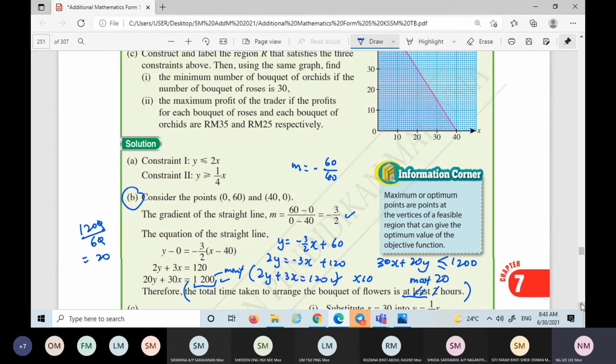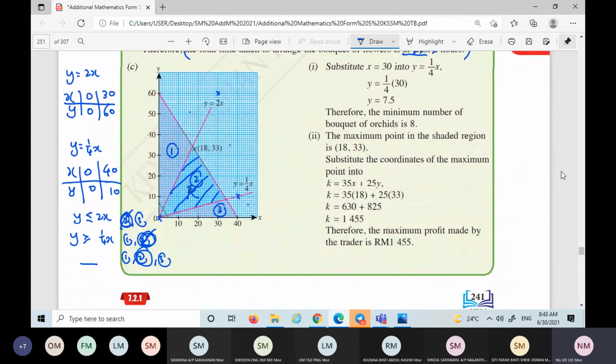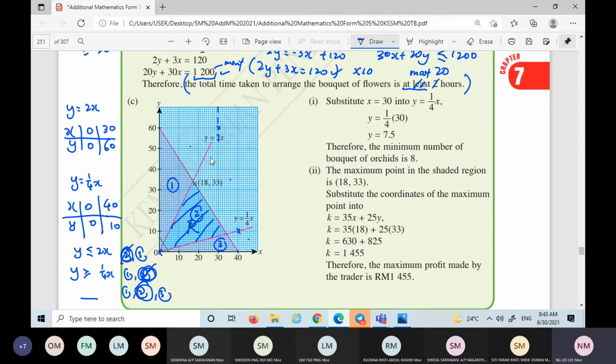So you draw the line x equals 30, a vertical line. Dotted line, please draw. You see this line in the region is only this part, from here to here.